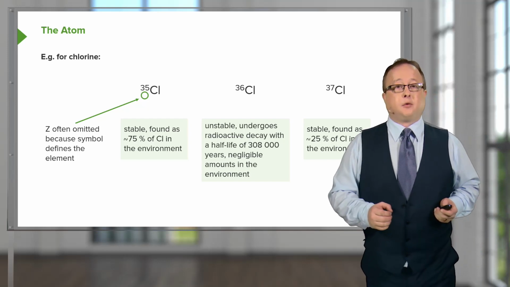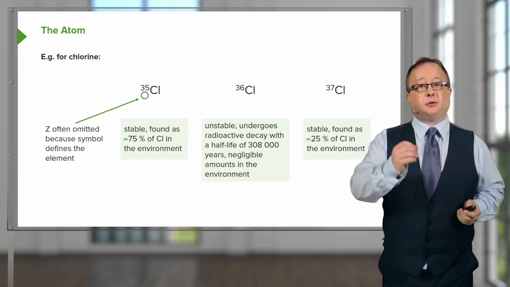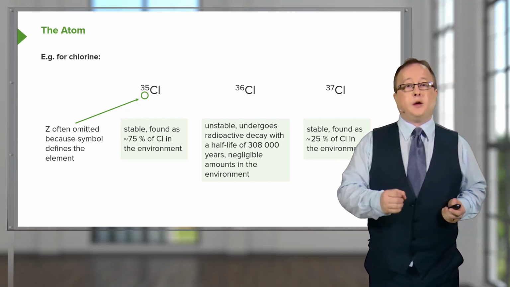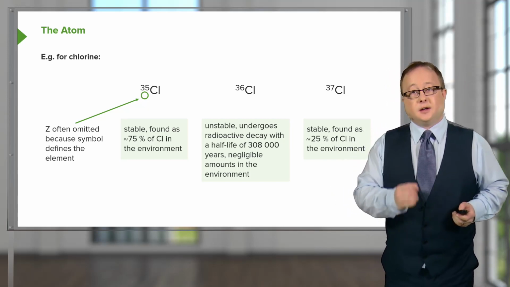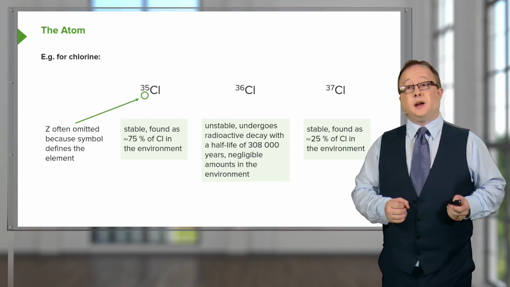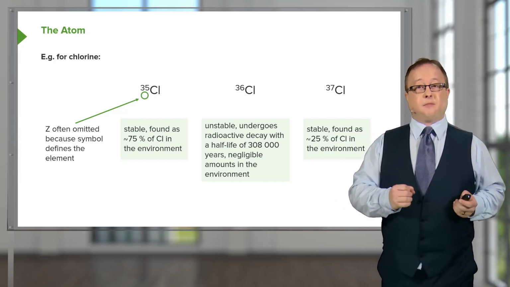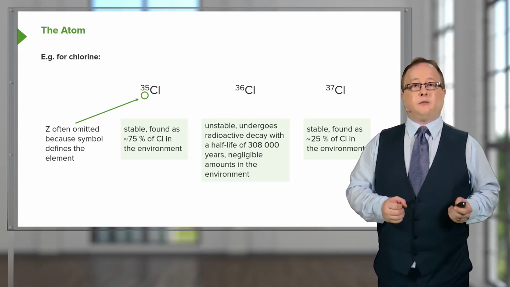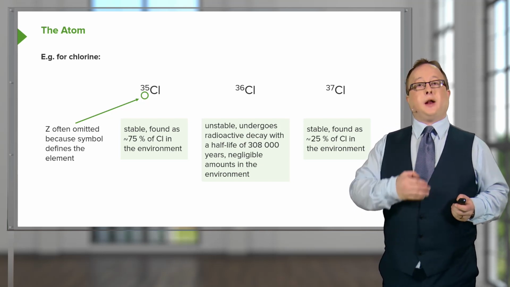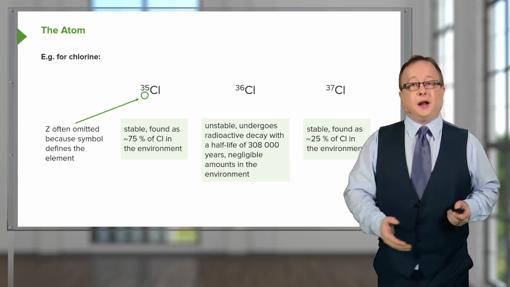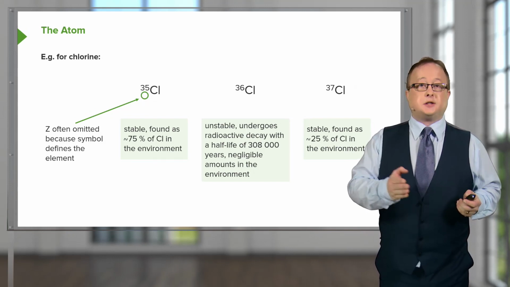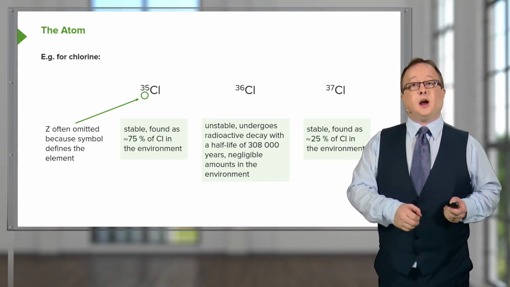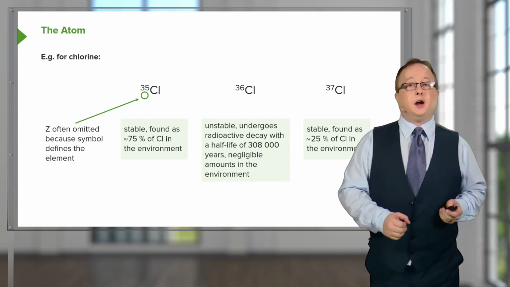If we look at chlorine-35 as a stable isotope, it is found in 75% of all chlorine in the environment. 37Cl, on the other hand, is found in 25% of chlorine in the environment. And so therefore, when we are calculating the relative overall atomic mass, we need to take into consideration the natural occurrence of both of those isotopes. And we'll come on to an equation that deals with this a little later on.